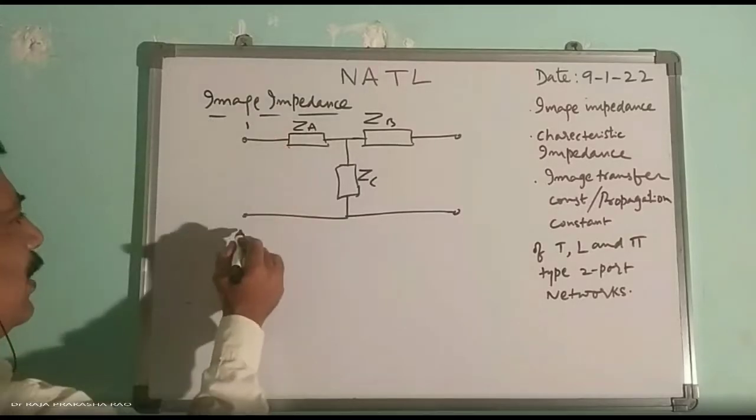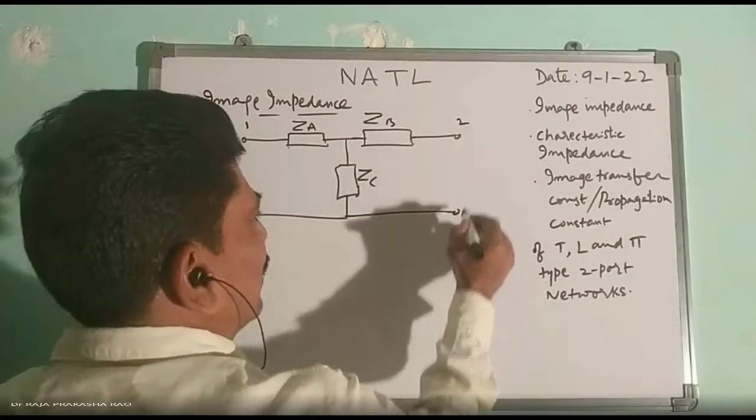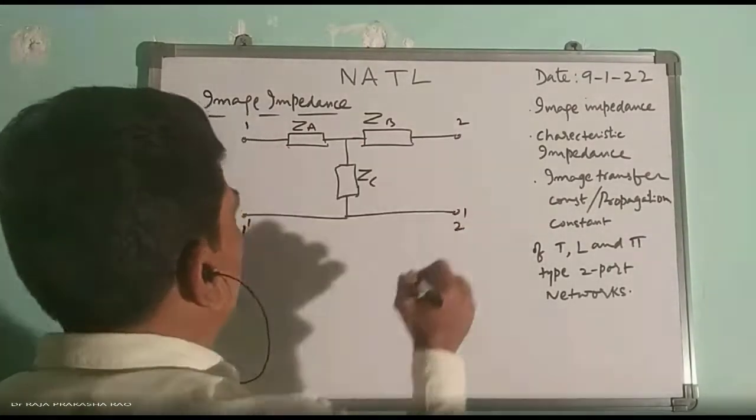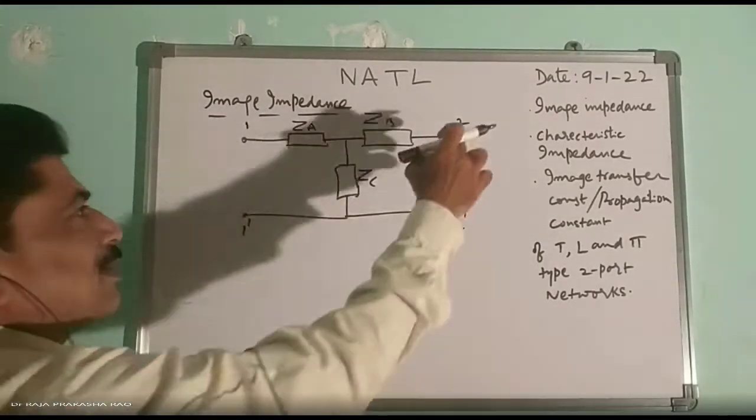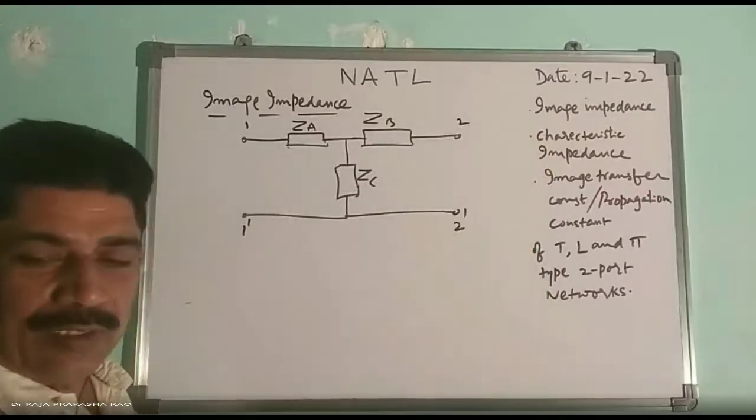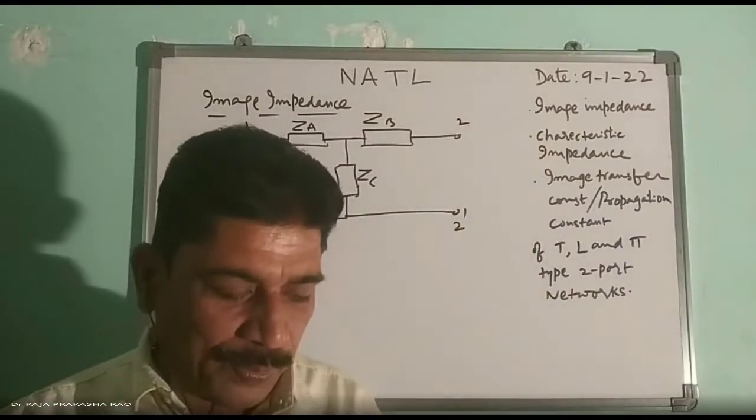This one is port 1 and this one is the second port, 2 dash and 1 dash. Two terminals put together are called a port. Here also two terminals are there, positive and negative, and together we call it the second port.